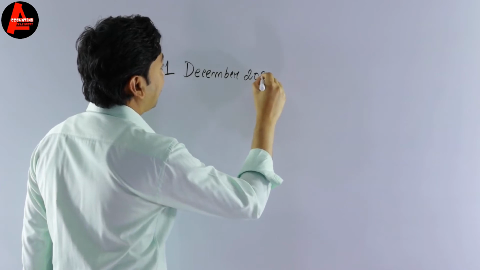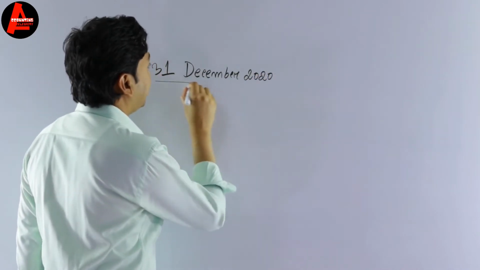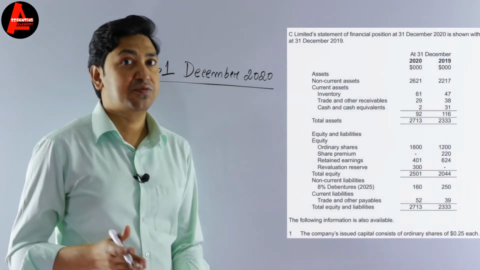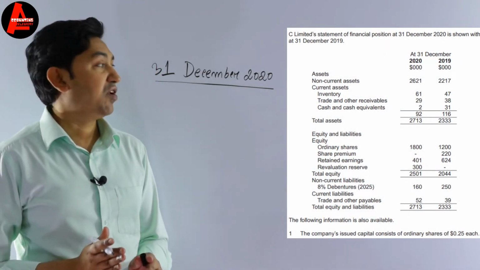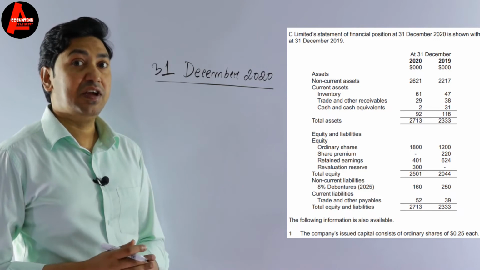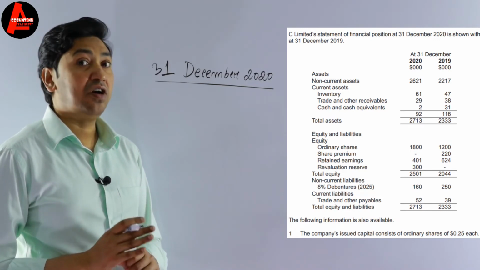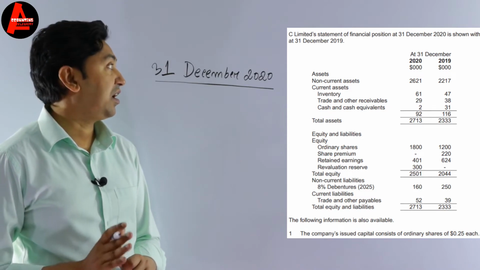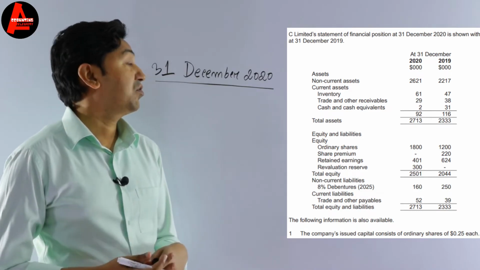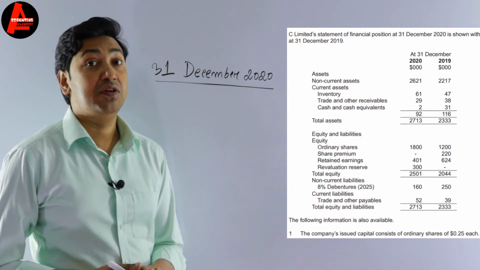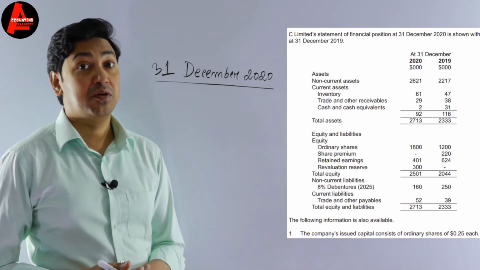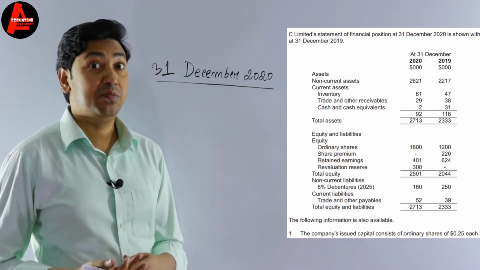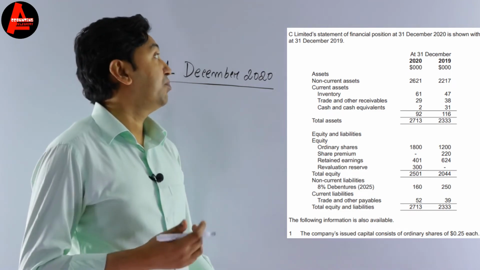Point to be noted: we have information for 2 years, one for 2020 and one for 2019, but we will take all information from 2020, not from 2019. To calculate the dividend we first have to calculate the number of shares. In the question there is no number of shares, but we can calculate it.